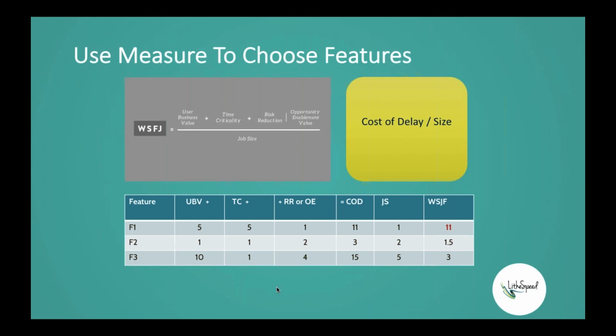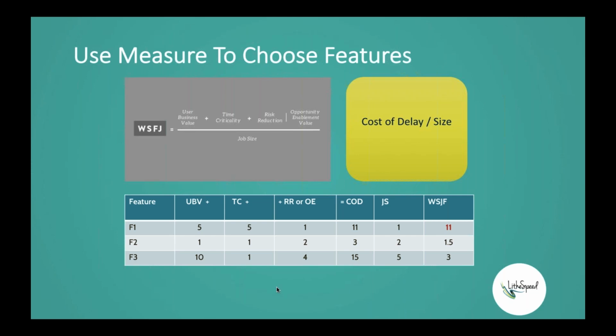It only gets 1 point. Feature number 1 is significantly more user business value. It gets 5 points. And feature number 3 has the most business value out of these 3. It gets 10 points. Feature 3, that's a whopper. People really are going to derive great value from that feature. So we just compare these features to each other and give them point values.